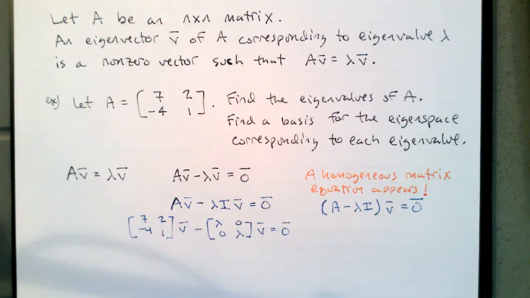Now here's what else we know. If V is going to be an eigenvector of the matrix A, that means V is non-zero.